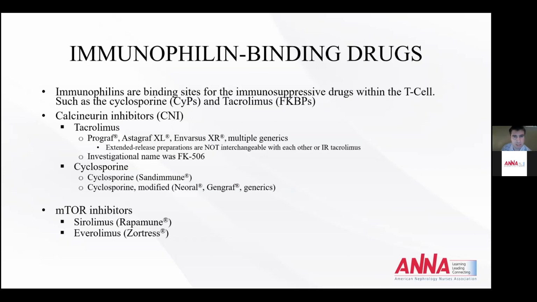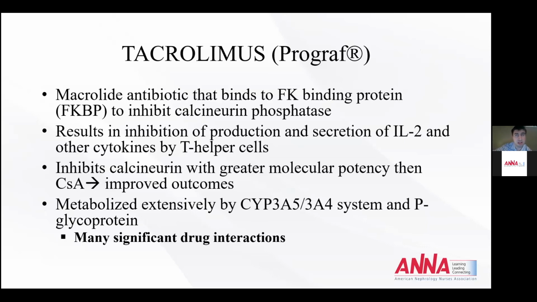There's a whole different dosing schedule when you're using long acting ones. Cyclosporine, also known as Sandimmune, Neoral, or Gengraf, are probably the most common ones you'll see. I think everybody just gets the generic because it's cheap. And then also you have mTOR inhibitors, which you saw, sirolimus, or Rapamune, inside the cell as well. And mTOR is an immunophilin.